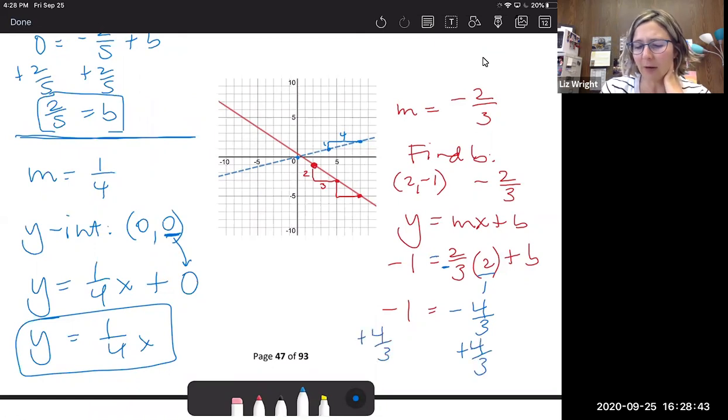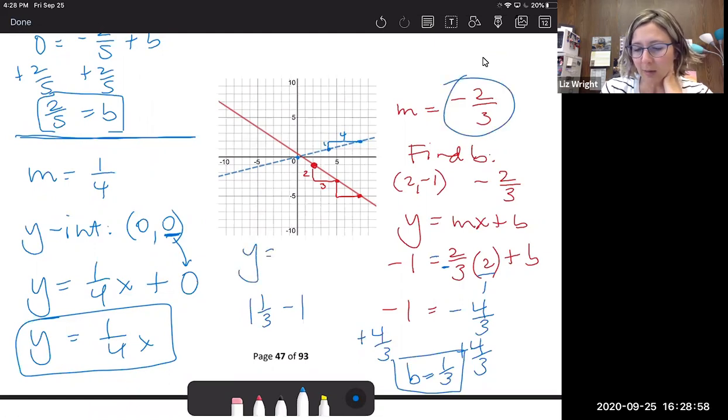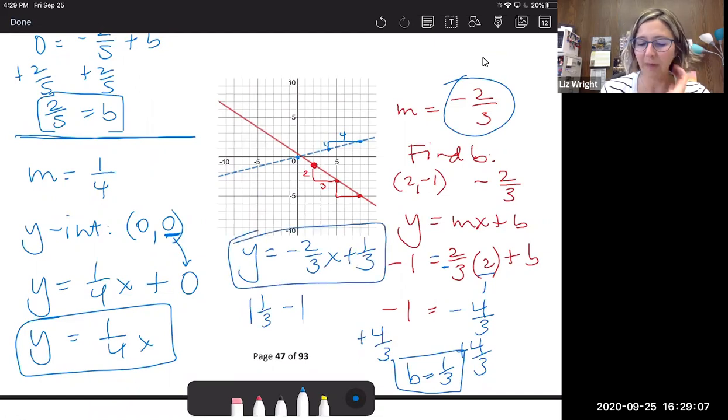And I want you to think about how that's like 1 1/3, right? 4/3 is 1 1/3, and then we're subtracting 1. And so all we're going to have left is 1/3. So our b is going to equal 1/3. And here's our slope. And so it's going to be y equals -2/3 x plus 1/3. And there's our equation for that.